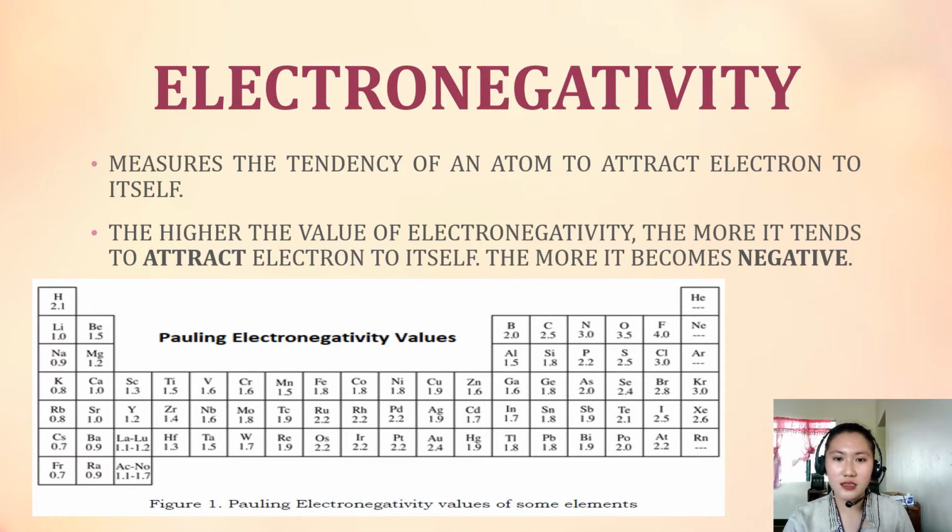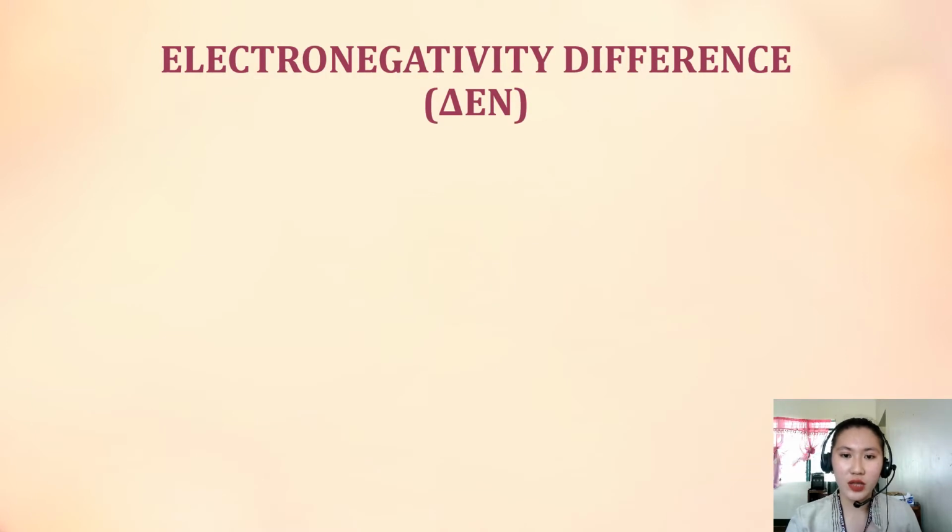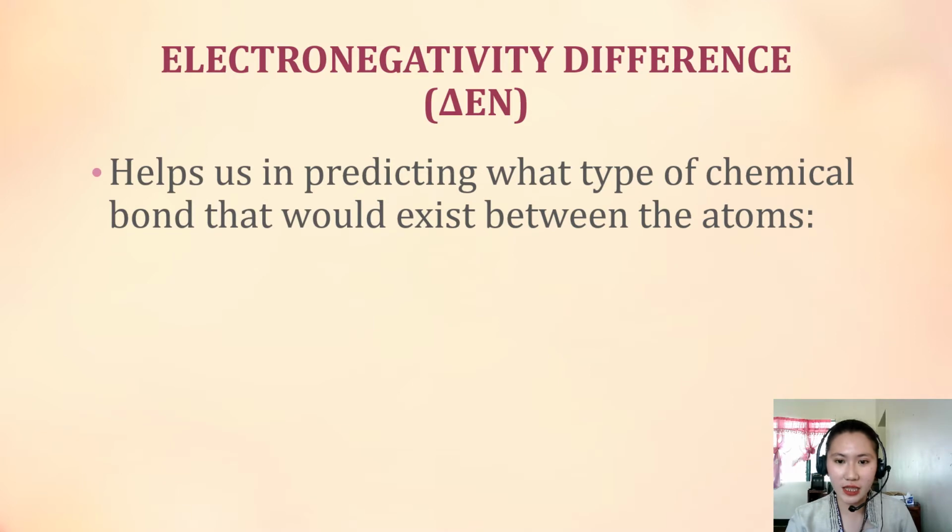So, what is the connection of electronegativity to the polarity of bonds? Okay, so we could use the electronegativity values of the atoms involved to get the absolute electronegativity difference. So what is electronegativity difference? So electronegativity difference helps us in predicting what type of chemical bonds would exist between the atoms.